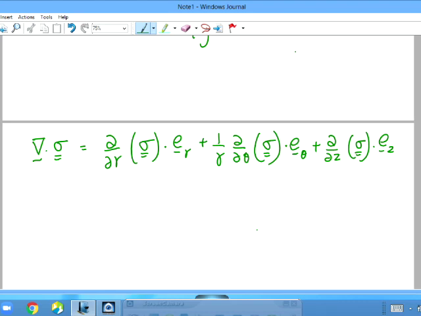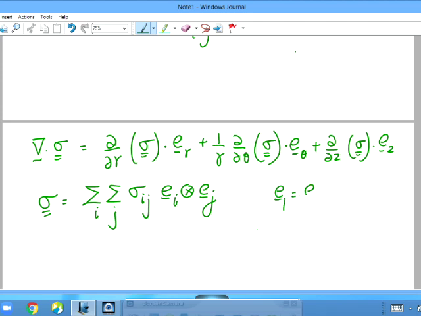And then you have to also expand your sigma in cylindrical coordinate system. So sigma would then be again double summation ij sigma ij ei tensor product ej, but here e1, e2, e3 are not along x, y, z, they are along r, theta and z.